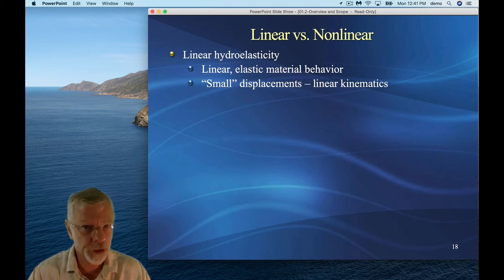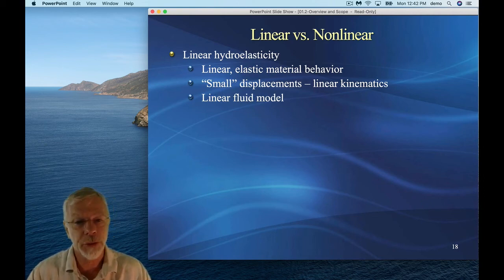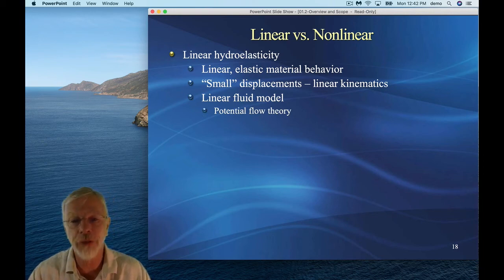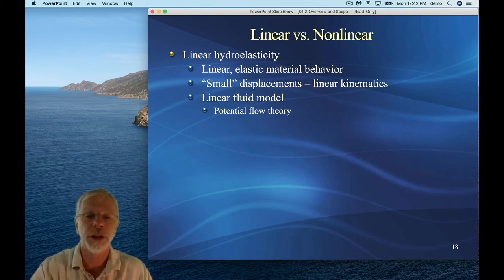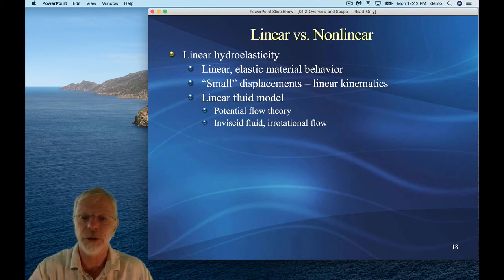Typically what we were referring to there then is the small angles where the sines and cosines can be represented by either the angle for sine or 1 for cosine. Of course, we're also limited to a linear fluid model, and as I mentioned, most often the linear potential flow is used. The flow is typically inviscid fluid, and the flow is irrotational, and we use a frequency domain solution for the most part.